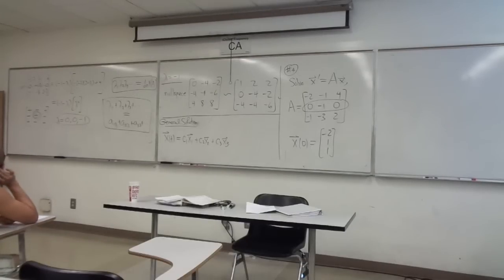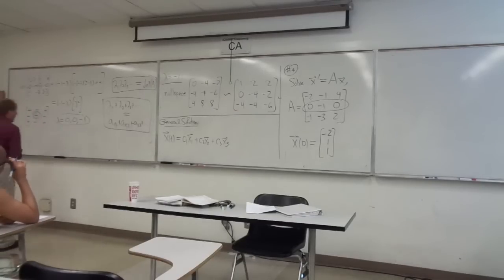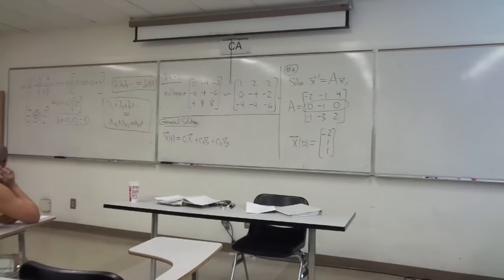I think there's a group work about invertible versus diagonalizable. They're not the same thing, right? You can have a matrix that's one without the other. So this is an example of a matrix that is not invertible because one of my lambdas is 0, right? Is it diagonalizable? Good, it's a maybe.